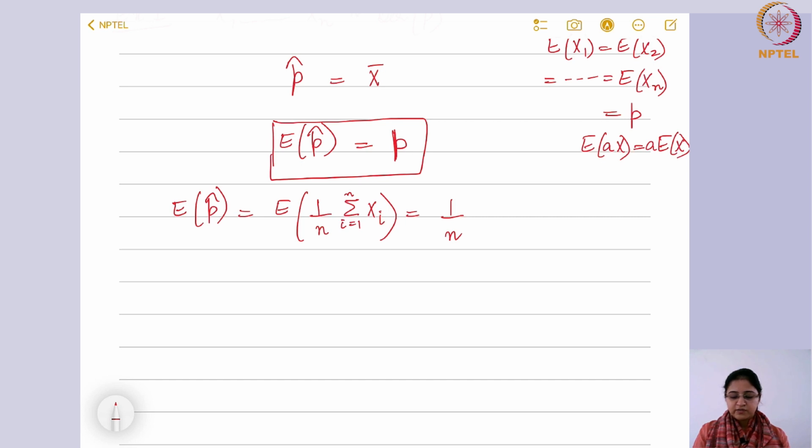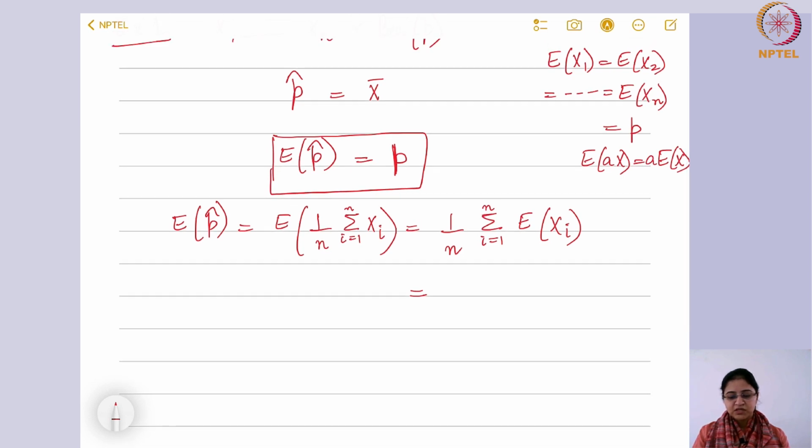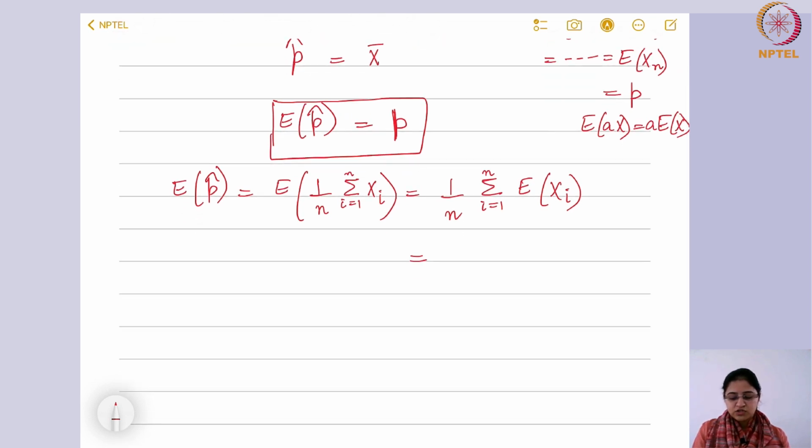Now you can take summation inside and expectation goes with xi's, and each of the xi's has the same mean, p, and there are n such terms, so it would be 1 over n into n p. So n would cancel out and what you are left with is just p.